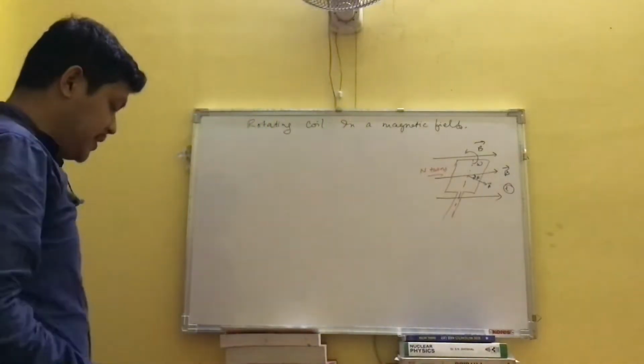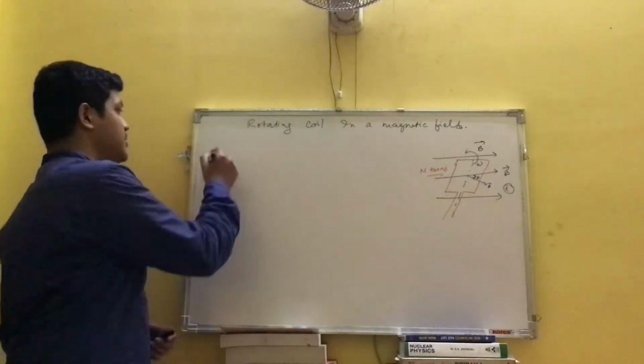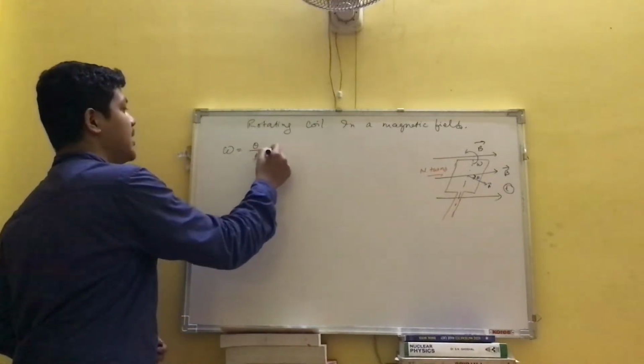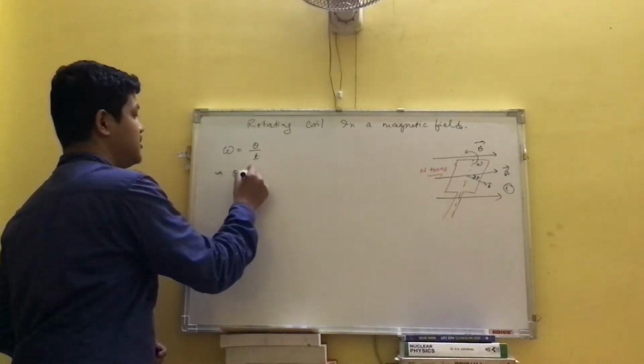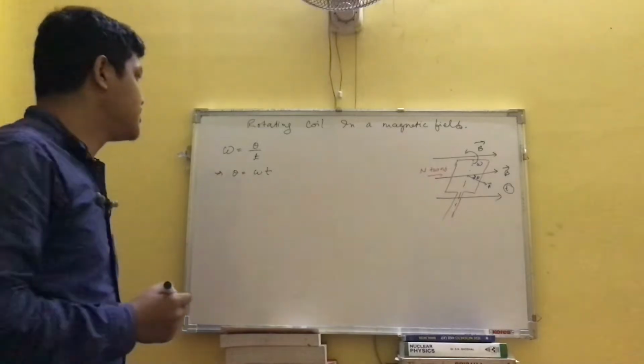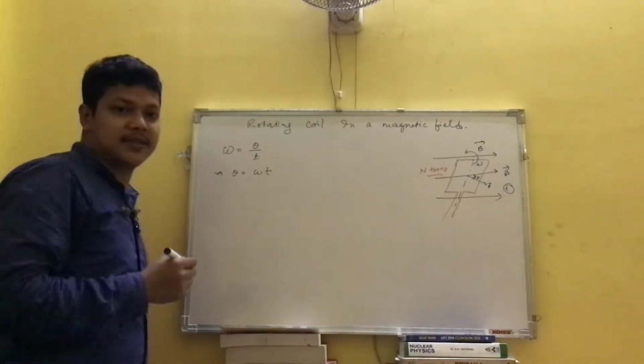Then its angular velocity omega will be equal to d theta by dt, which implies that theta is equal to omega t.